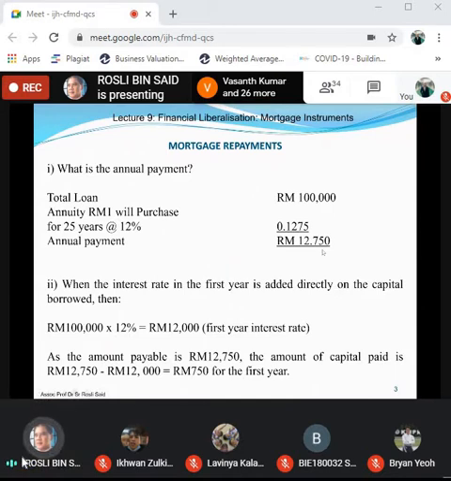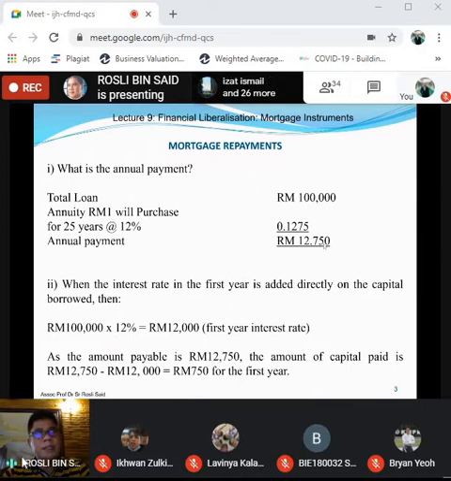In other words, only 750 will be amortized in year 1. So we pay a lot of interest in year 1 and only 750 is considered as capital.